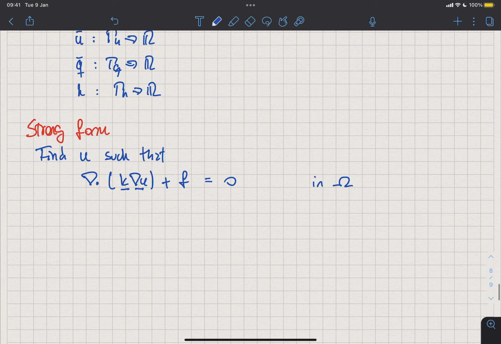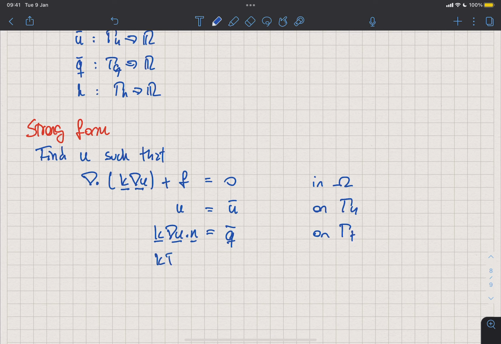And the boundary conditions, again, we have three kinds. We can have either U equals U bar on gamma U. We can have a Neumann boundary condition, grad U dotted with N is equal to Q bar on gamma Q, and then K grad U dotted with N, and this is our Robin boundary condition, where H, in this case, we have assumed that it's a scalar.